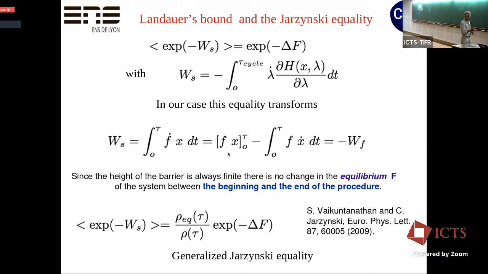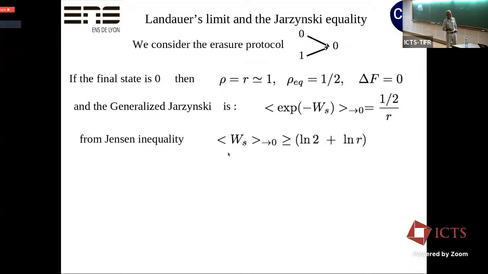If you do this, this generalized equation tells you that you have the exponential of the free energy, but there is a correction factor that is due to the fact that if at time tau the system is pushed into a distribution which is not the equilibrium distribution, then we have these corrections. Let us see that this is exactly what is happening here. And I'll show it to you also by measurement.